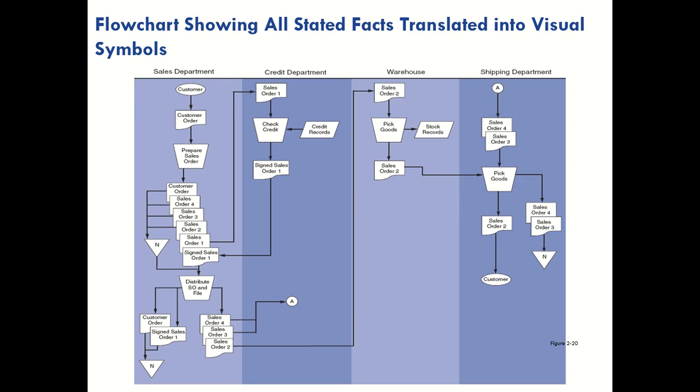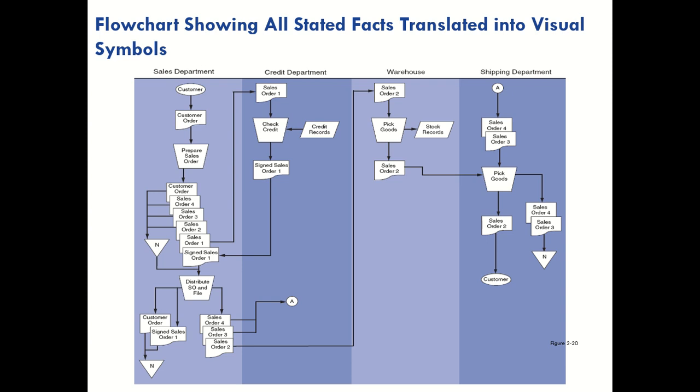Okay? So dun muna tayo sa sales department. So let's just try to translate this visual symbols, this flowchart. Okay. So everything started dun sa sales department when a clerk in the sales department receives a hard copy, okay, of a customer's order by mail o kaya naman manually prepares hard copy of the sales order.